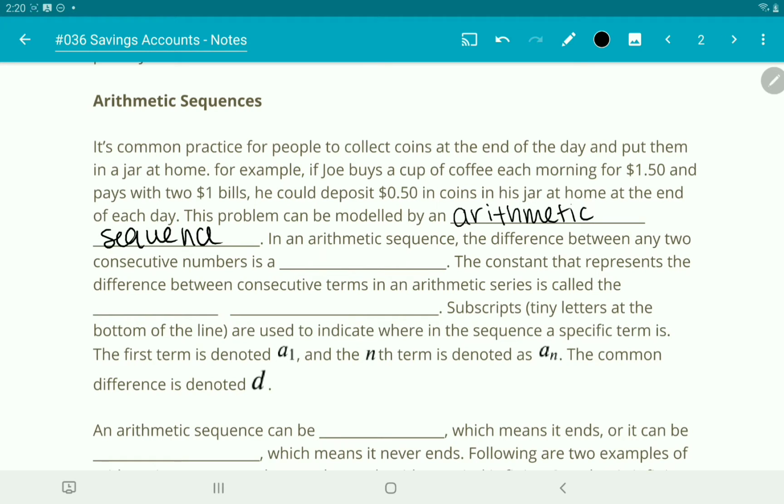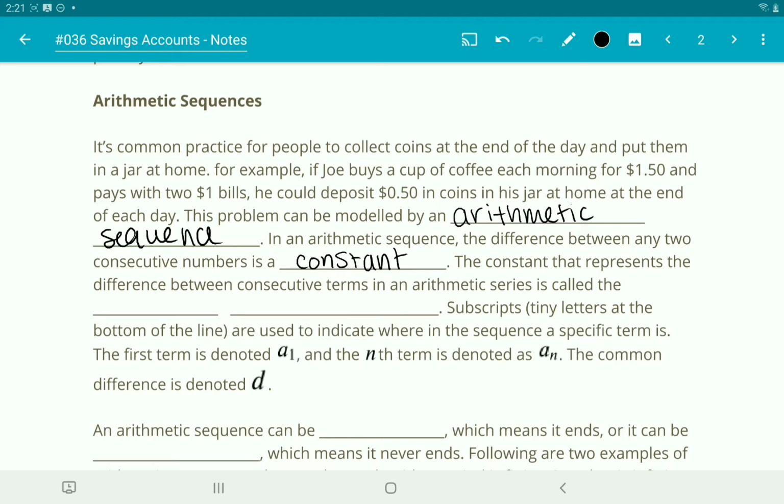Okay? So in an arithmetic sequence, the difference between any two consecutive numbers, so a sequence is just a bunch of numbers in order, okay? So the difference between any two of the numbers that come right after each other is going to be a constant number. So in this example, he's going to deposit 50 cents more every day.